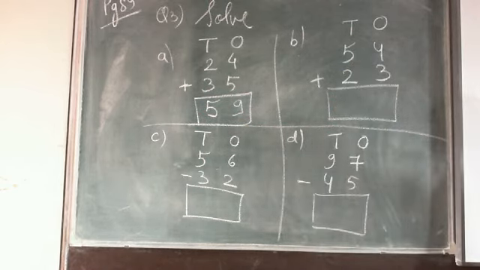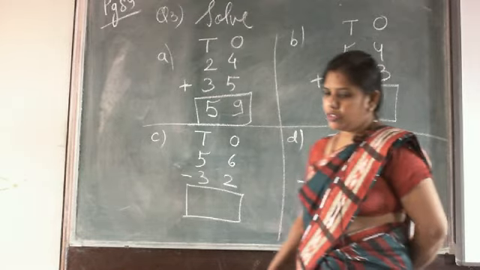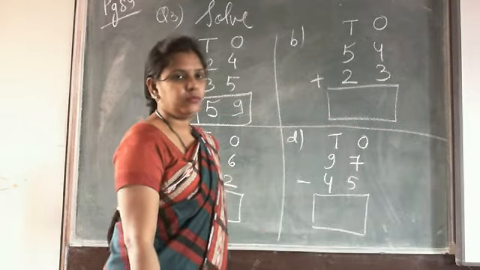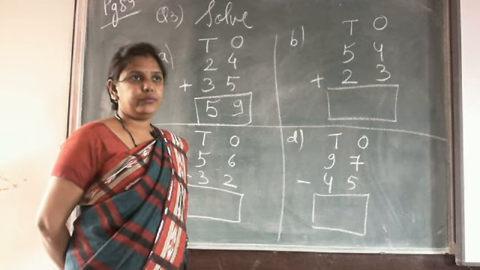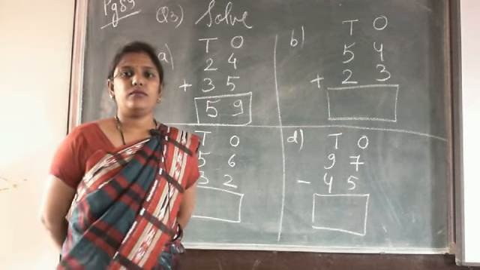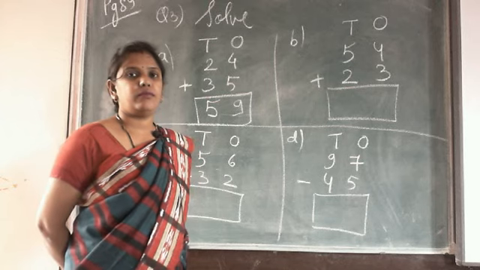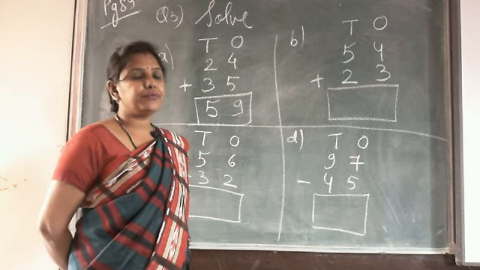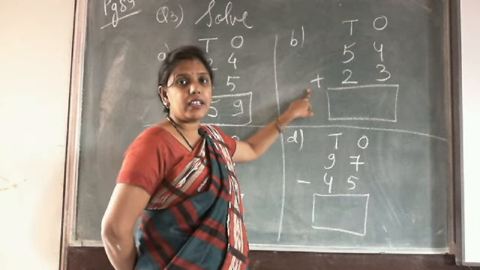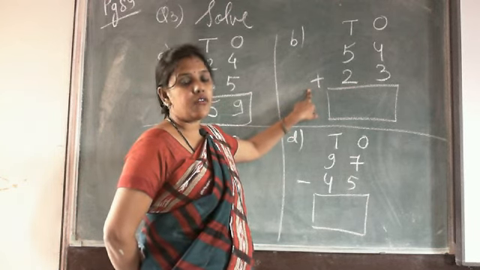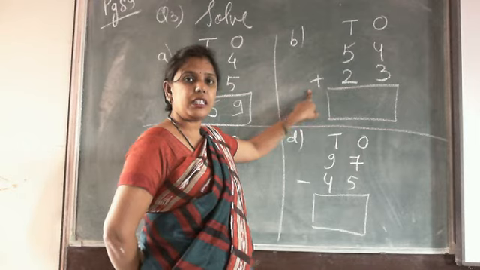Now the next question. Copy it fast, then we will solve the next question. Written? Now the next question. Again identify the sign. This is the sign of addition, plus sign.